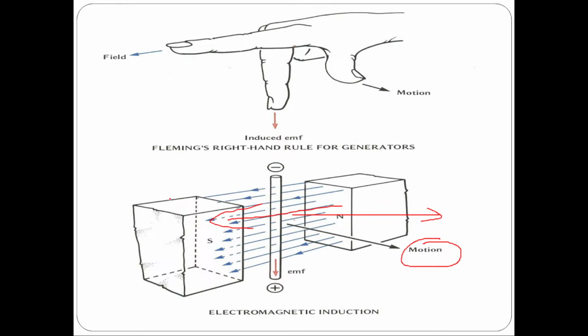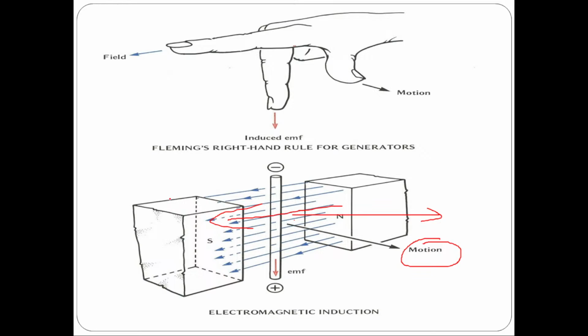Voltage is induced. That voltage is equal to N into d phi by dt. The induced voltage will always oppose the cause producing it. So since it is opposing the cause producing it, E will be equal to minus N d phi by dt.